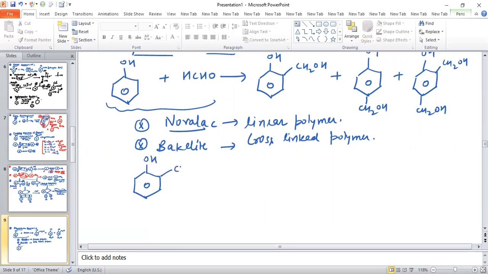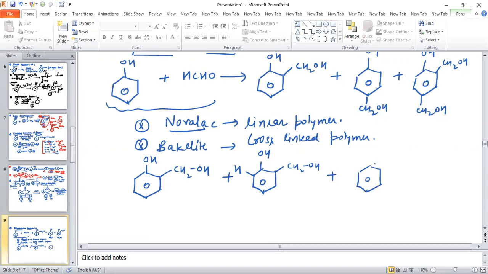This is basically the CH2OH, plus another molecule having this OH and this H. Now again CH2OH, and again the same thing takes place.